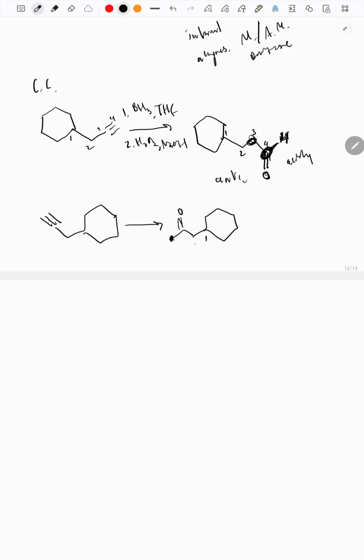If we count 1, 2, 3, the ketone formed on this carbon, not the terminal carbon, or carbon number 4. So if it formed on carbon 3, or this carbon, that means it's Markovnikov. Because if it did on 4, it would be anti-Markovnikov, which is the one above. So the reagents we used would probably just be this: sulfuric acid, water, mercury sulfate.